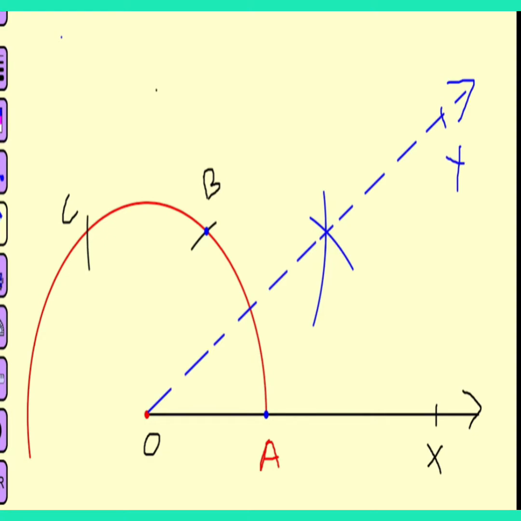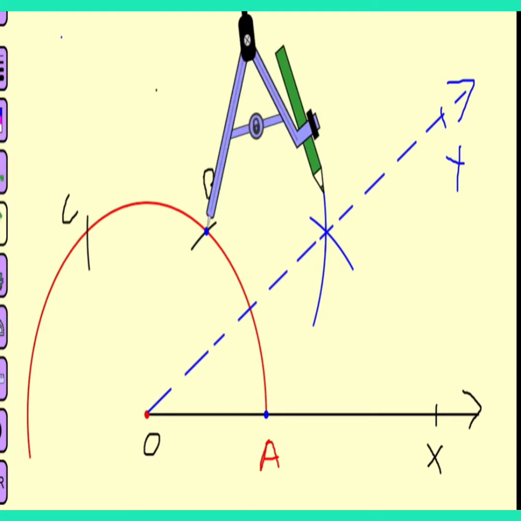So dear, XOY, this is the angle 30 degree. Okay, but we will construct here angle 15 degree. So you can observe that this ray OY intersect semicircle at the point C. So you will place the pointer of compass.